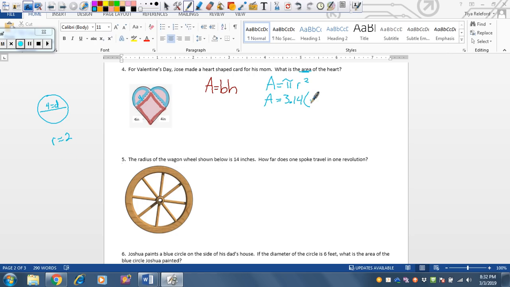If you've gotten that one wrong, it might be because you used 4. Now, 2 times 2 is 4. Normally you divide a semicircle in half, but how many do you have? Right? So you're not going to divide by 2, you're just going to leave it alone because 2 halves make one whole circle.